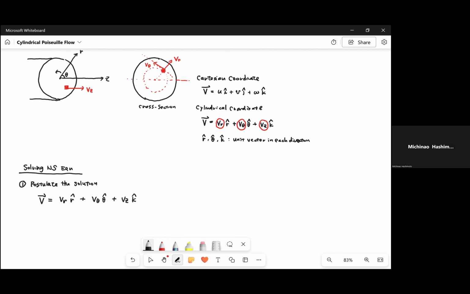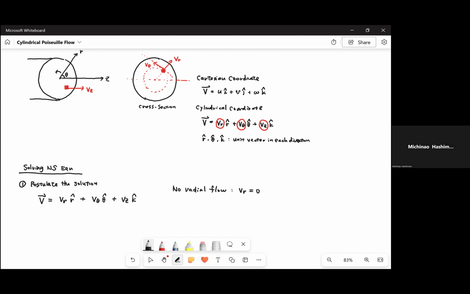In fact, something we can observe here is that there shouldn't be any radial flow, right? No radial flow, and this assumption gives us V_r equals zero.